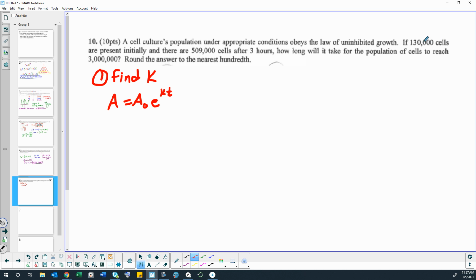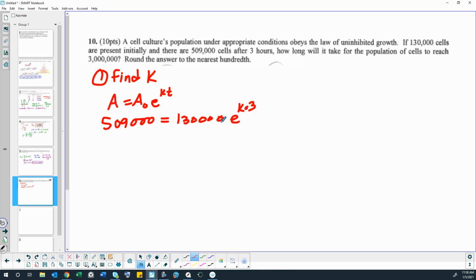Okay, so if we have 130,000 present initially, and now later we have 509,000. Now we could simplify this by cutting down on the number of zeros, but that's going to happen naturally here in a second when we divide stuff out. So k, and this is after 3 hours.